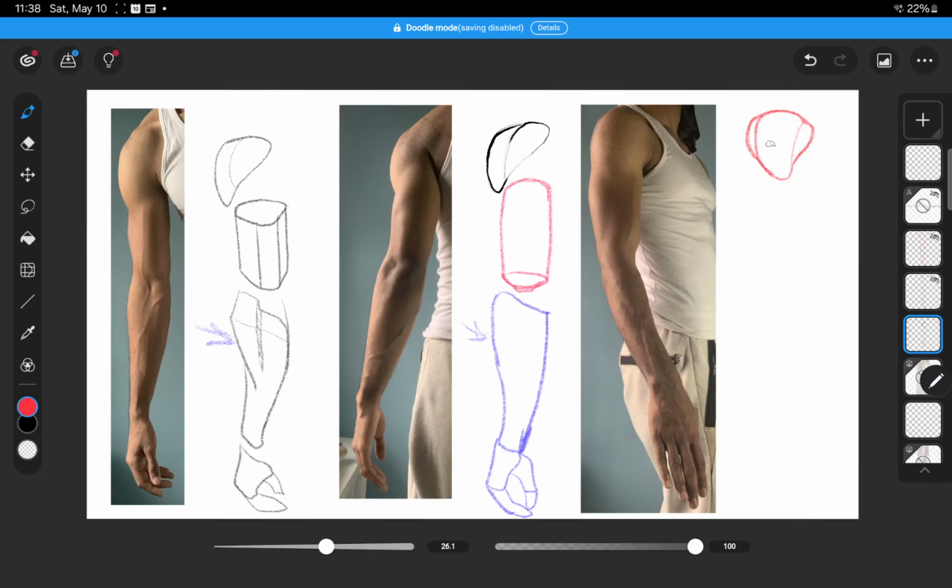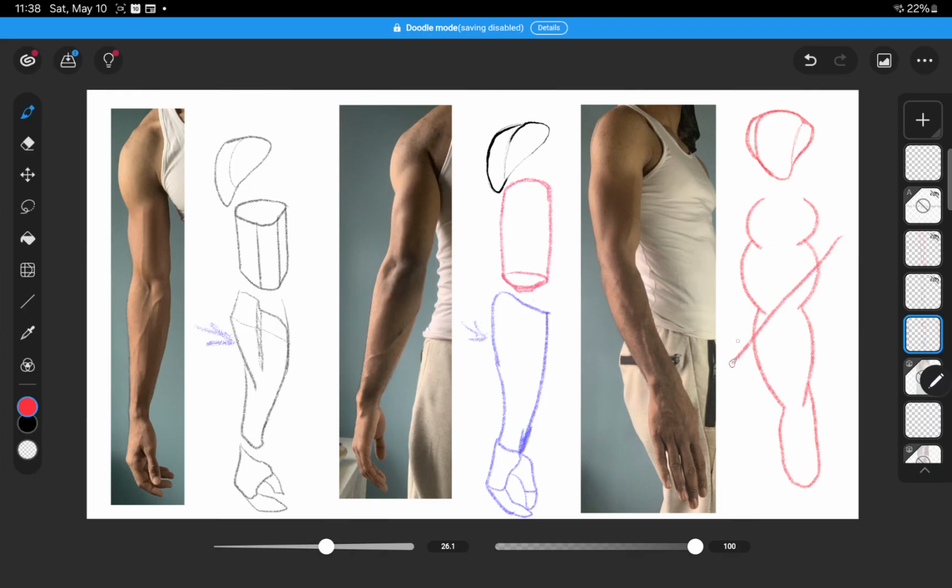Again, asymmetry is your friend. Curvature is your friend, and asymmetry is your friend. So this shoulder, this whole arm, in general, from any view, many beginners, myself included, go like this for the shoulder, and then this for the tricep, this for the bicep, this for the forearm, and then you have your hand.